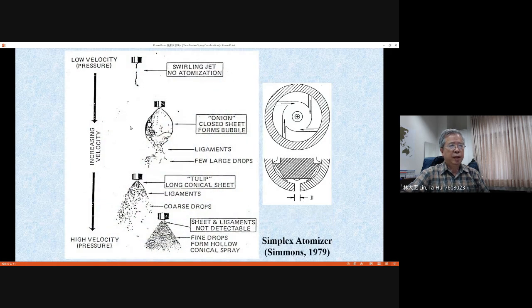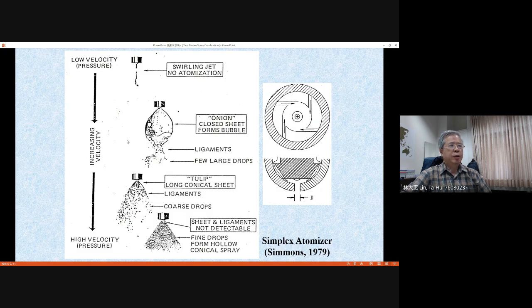But later on, you can see some atomization occurs at the end of the liquid sheet. Sometimes there are bubbles or broken areas on the liquid surface, and in the downstream of the spray, there are ligaments and also droplets.